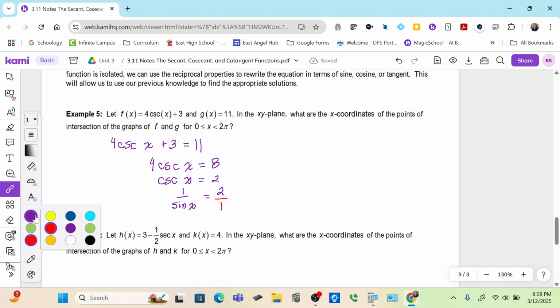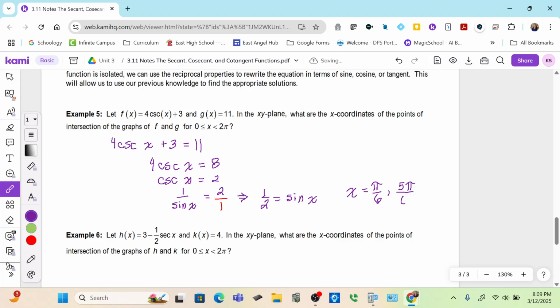So I end up with 1/2 equals sine of x. Well, what values of x have a sine value of 1/2 on the interval of 0 to 2 pi? Those values would be at pi over 6, and again at 5 pi over 6.